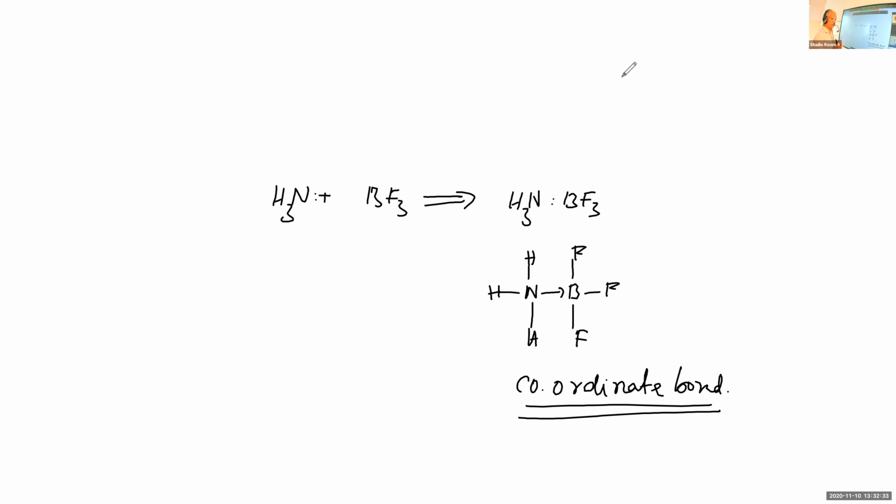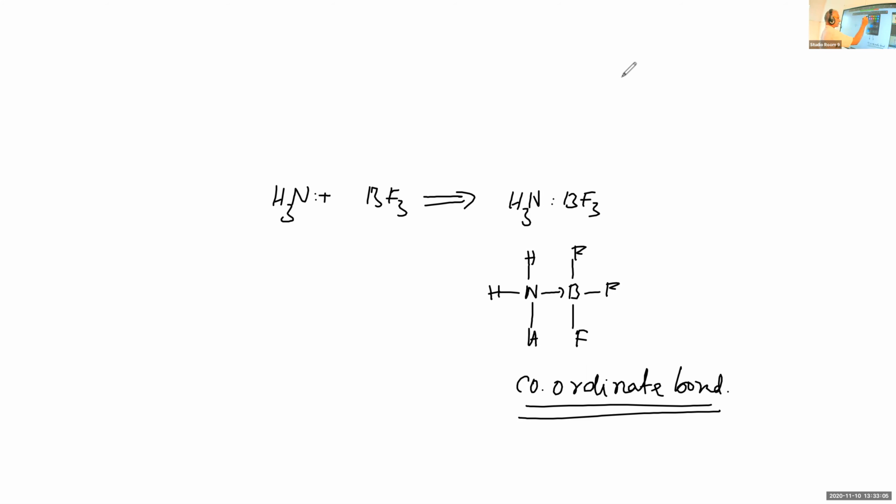Usually in a covalent bond, the shared pair of electrons is due to equal contribution on a 50-50 basis, one electron each from the combining atoms. But in the coordinate bond, the electron pair will be supplied by any one of the atoms. The electron-rich atom provides the electron pair and acts as the donor, while the other atom acts as the acceptor.